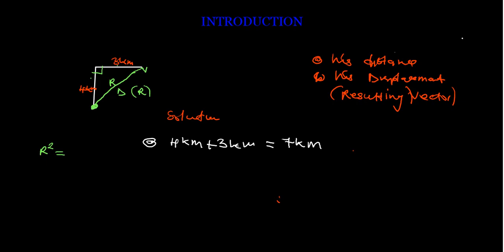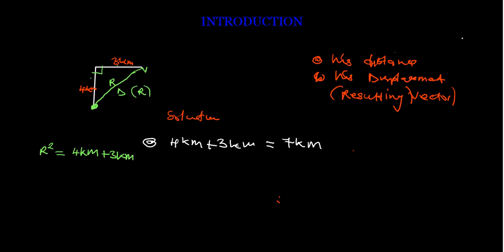So this is 4 kilometer squared plus 3 kilometer squared. I'll include the units. This is how we'll be finding the resultant, R.